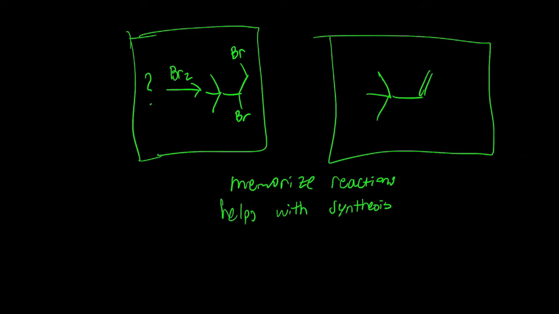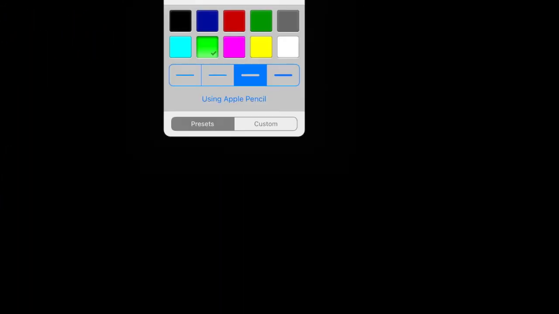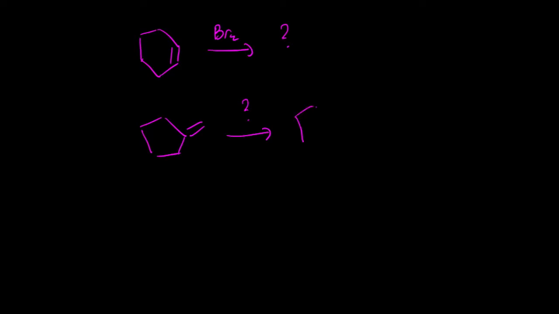Let me back up here and give you the three types of questions in organic chemistry. There might be questions like this: what's the product? There might be questions like this: what's the reagent? And there might be questions like this: what's the starting material?